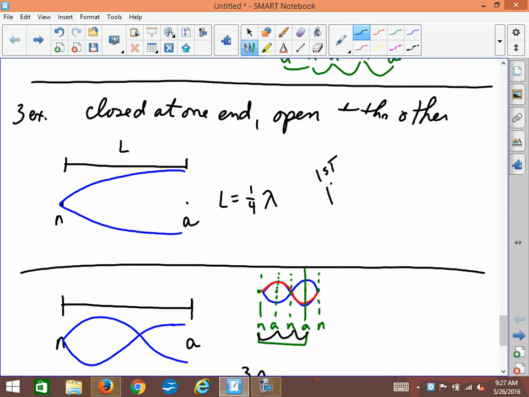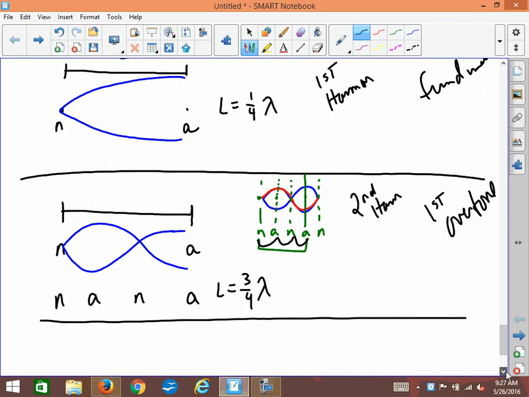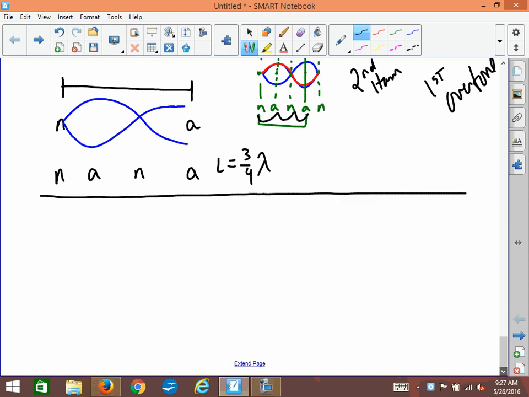First harmonic, or the fundamental. This would be the second harmonic, or the first overtone. But of course, it's for a different situation. So now we're going to do the third harmonic, or the second overtone.